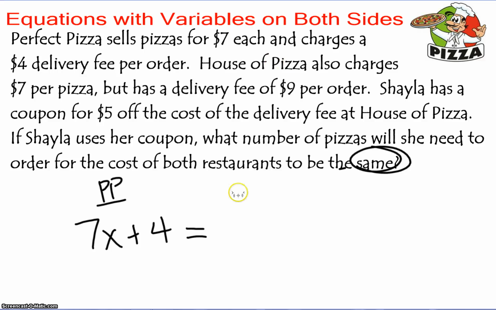And then it says House of Pizza, HP, also charges $7 per pizza, but has a delivery fee of $9. Shayla has a coupon for $5 off the cost of delivery fee at House of Pizza. So we know that that's going to be a -5. If Shayla uses her coupon, what number of pizzas will she need to order for the cost of both restaurants to be the same?